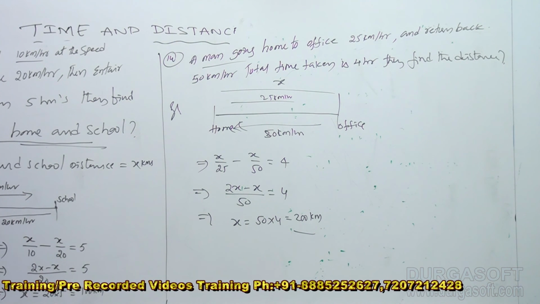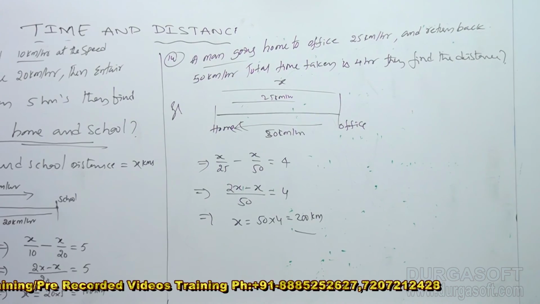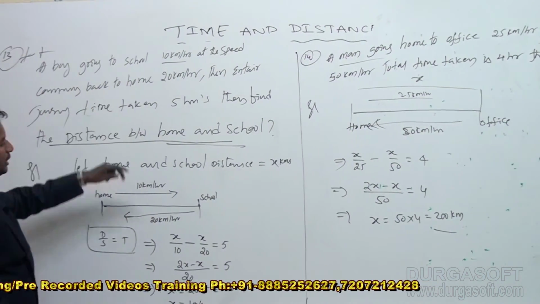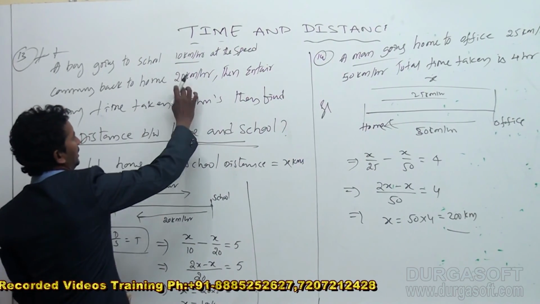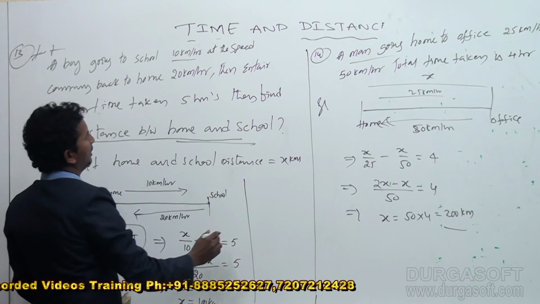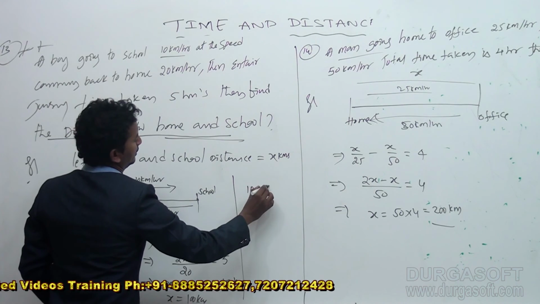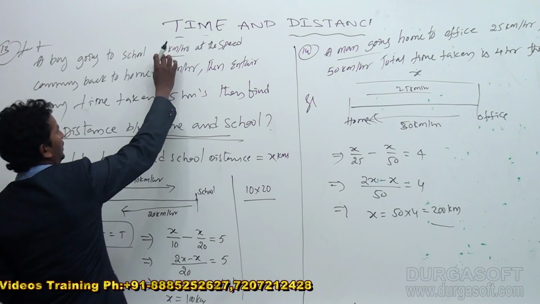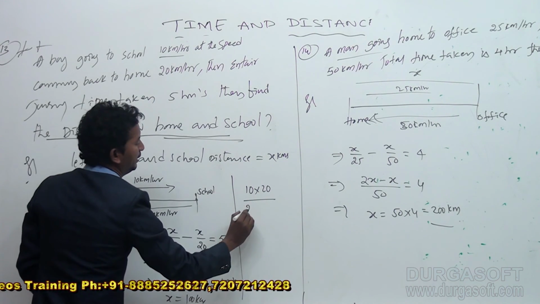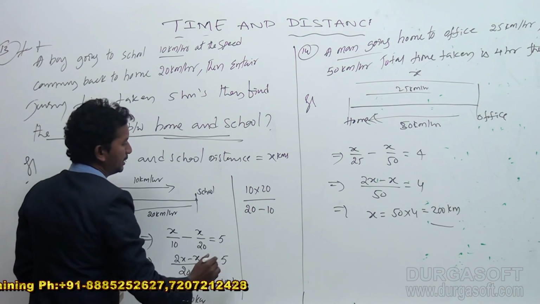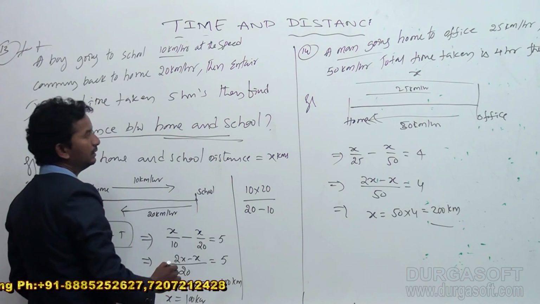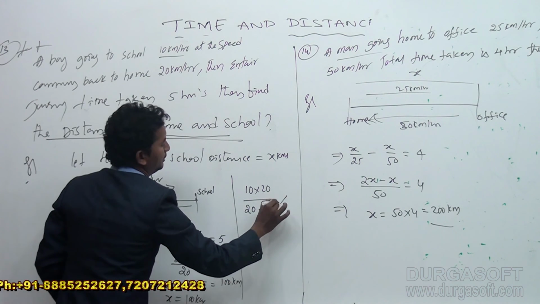Now see the shortcut method. It is the product of the two speeds divided by the difference of the speeds, multiplied by the time period.